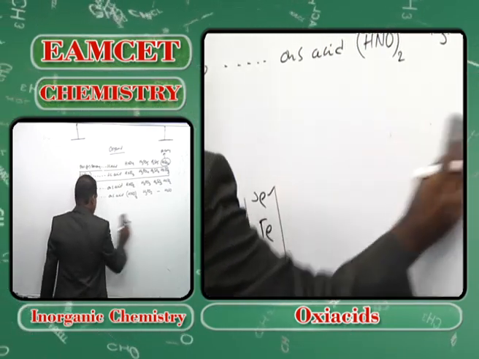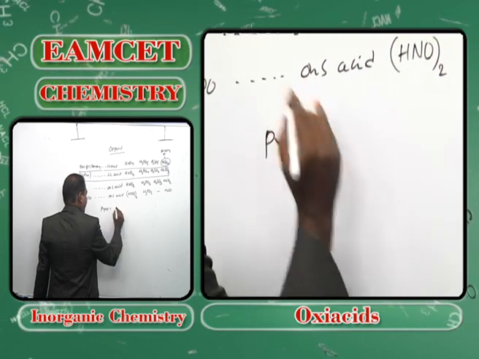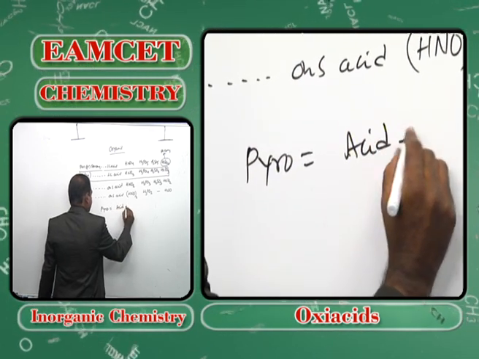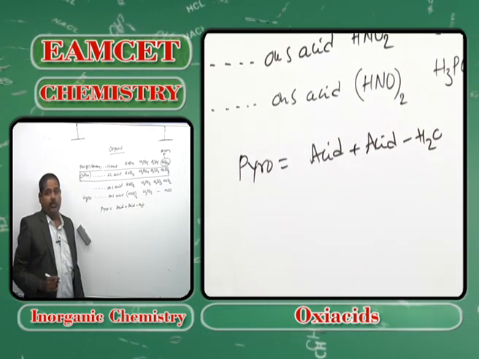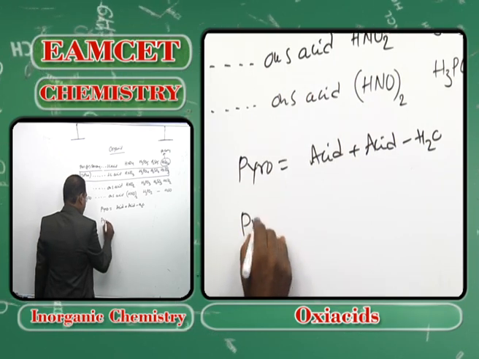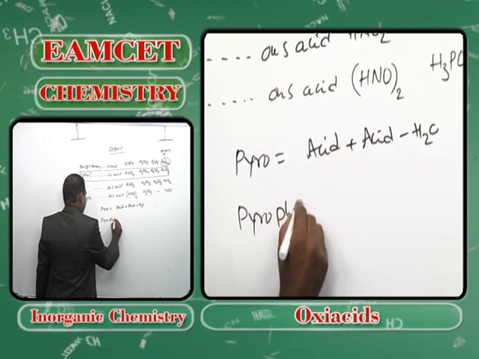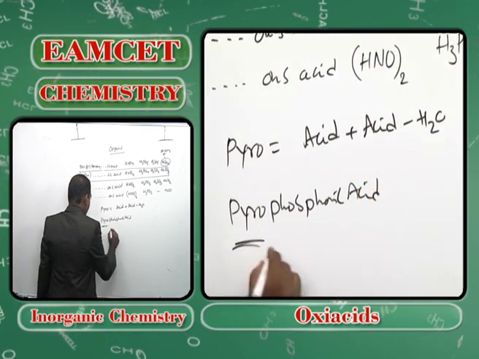And now, what do you mean by pyro? Pyro means acid plus acid minus H2O. Which acid? Whatever be the acid in question. Suppose you want the formula of pyrophosphoric acid. What did I say about pyro?